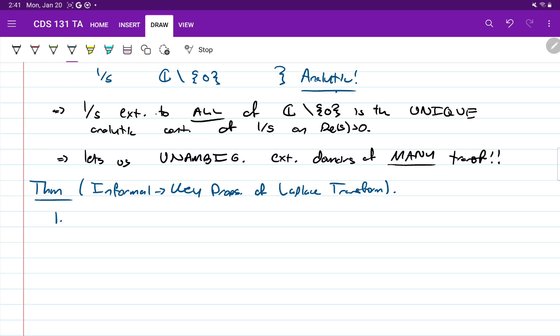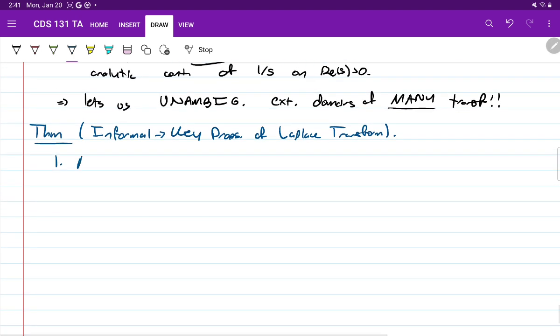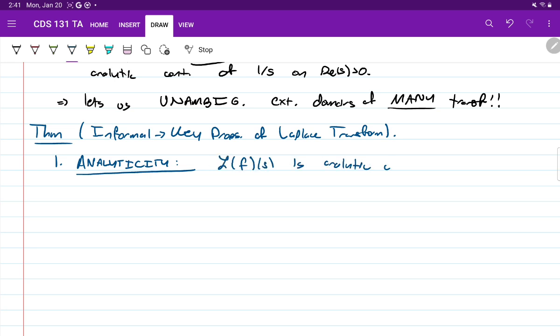All right, so the first one is that it gives us an analytic function. All right, so analyticity. Okay, and what this says is that L of f of s is analytic on its region of convergence. Okay, so this effectively confirms that analytic continuation is something we can employ.